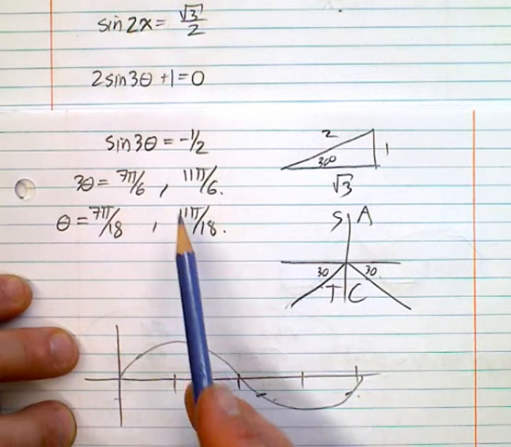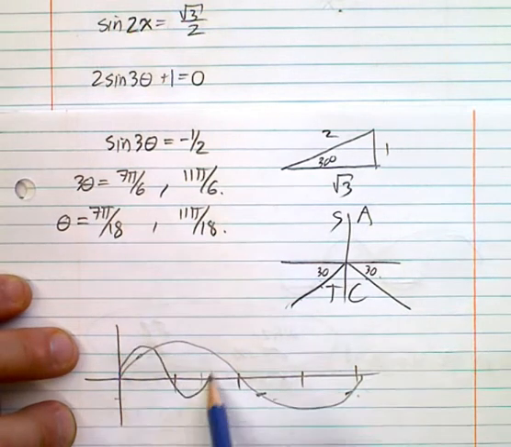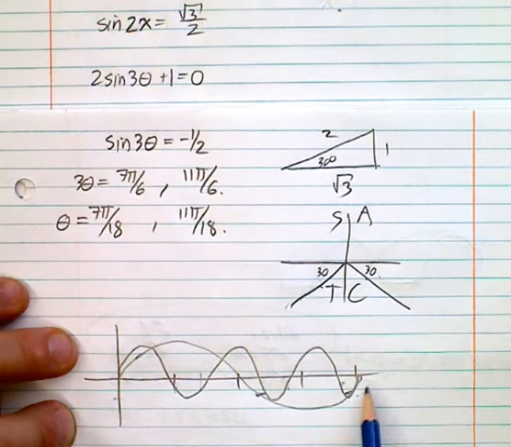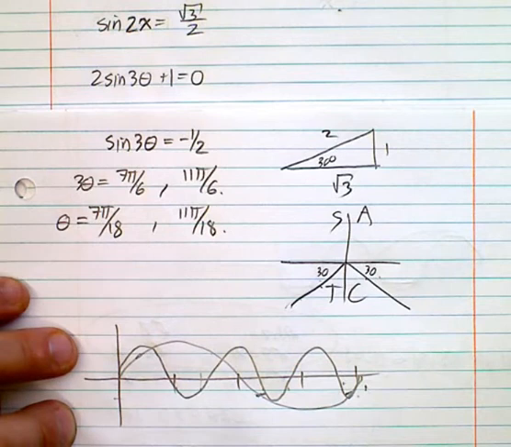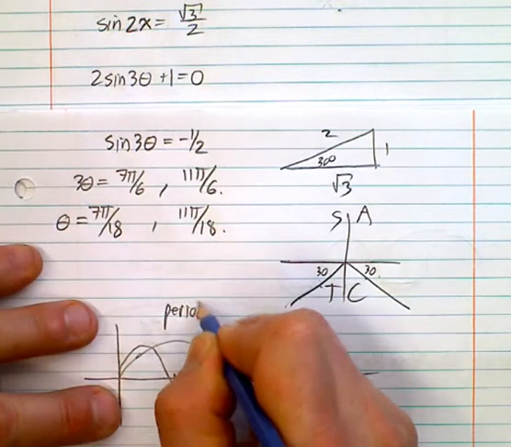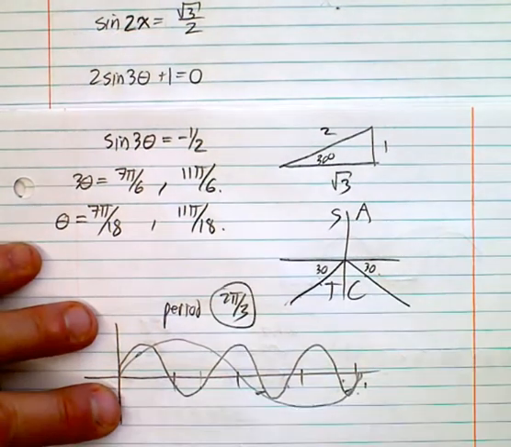But what happens now is that you have 3 revolutions. So 1, 2, 3, 4, 5, 6. There are 6 solutions. And what you have to understand is that you've changed your period. Your period now is going to be 2 pi over 3. Okay, this is your period.